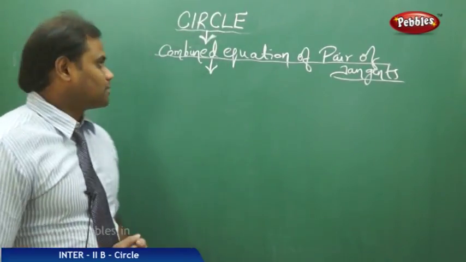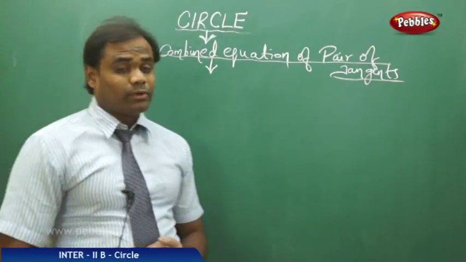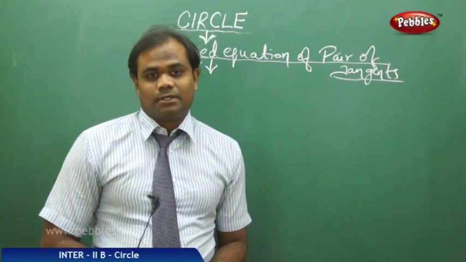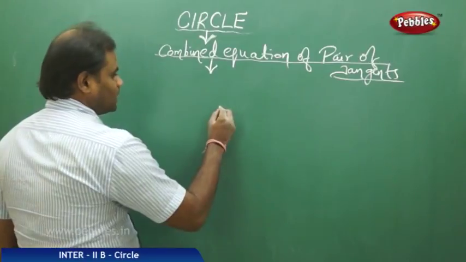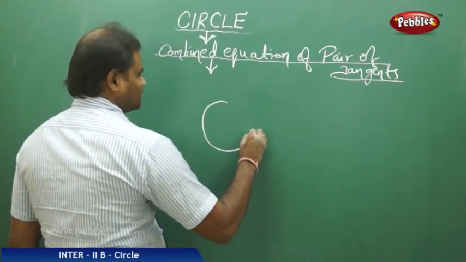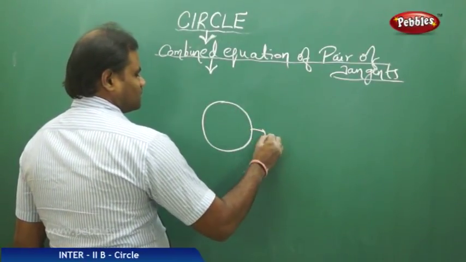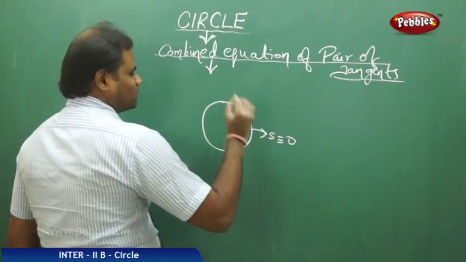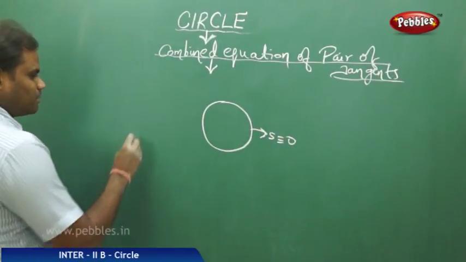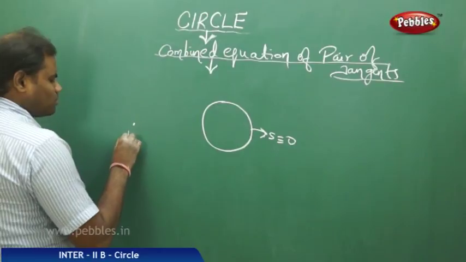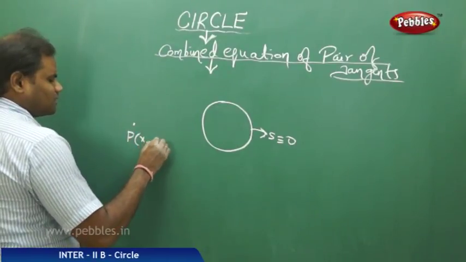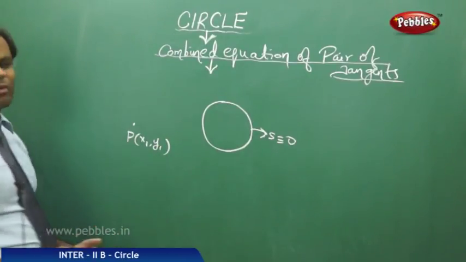Now let's take the concept of the combined equation of pair of tangents. Say for example, I have a circle S equals 0. And for this circle, let me say P is an external point outside the circle with coordinates x1, y1.